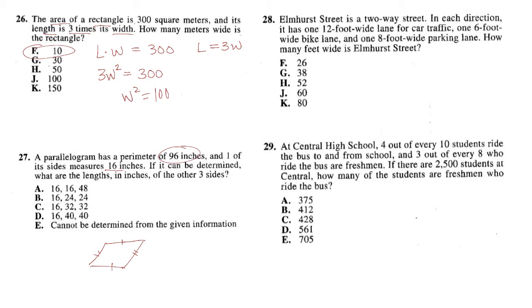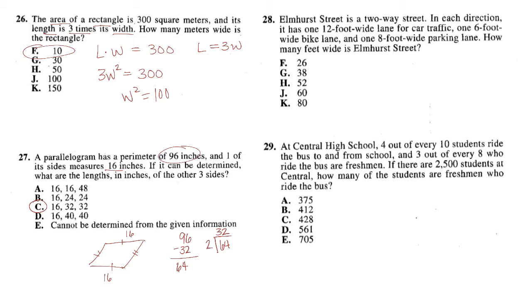So if one side is 16, I know this other side is 16. So for the remaining 2, we need to take 96 and subtract 32 from it. And so that's going to give me 64. And then for the other 2 sides, of course, we'll have to divide that by 2. That's going to give us 32. So our sides would be answer choice C.